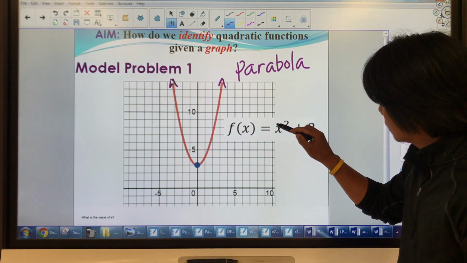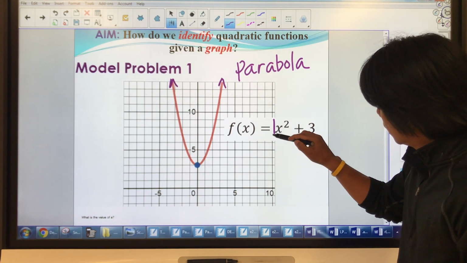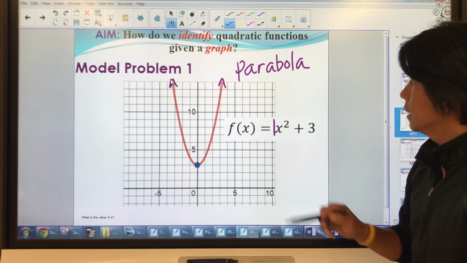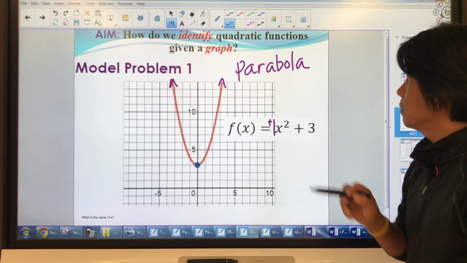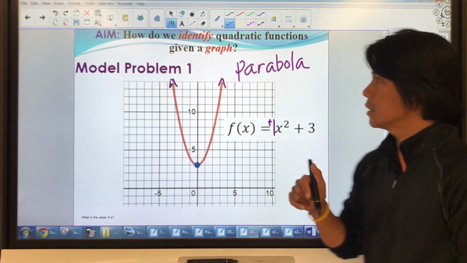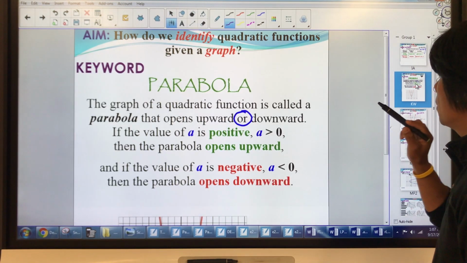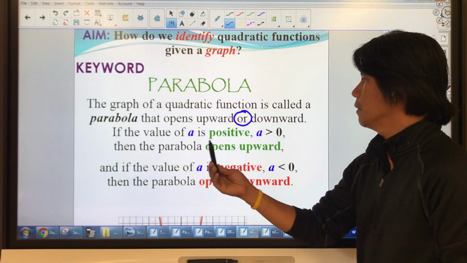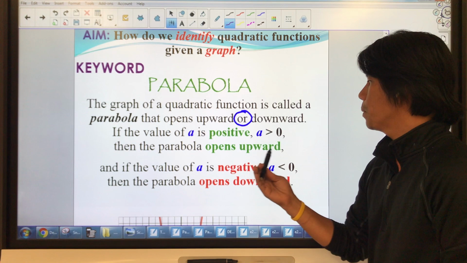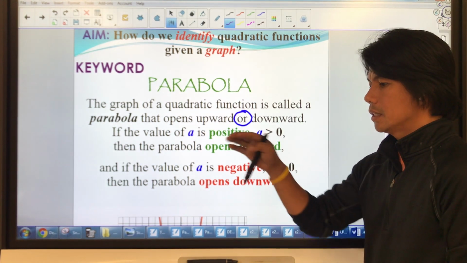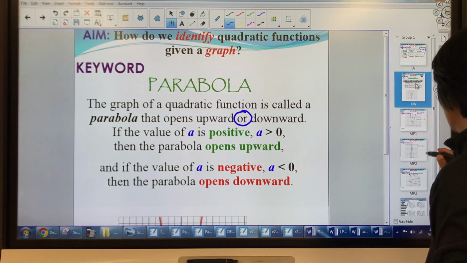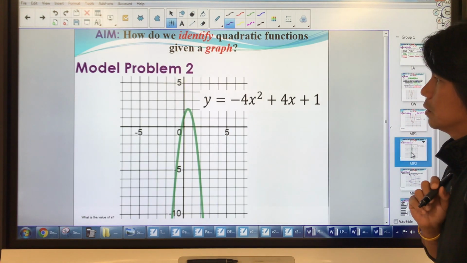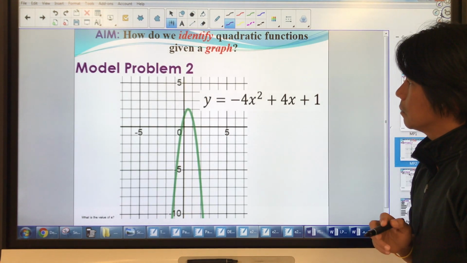In this case, this is x squared, it's 1. And what kind of 1? It's positive 1. So remember the definition of parabola. If a is positive, it opens upward. If a is negative, then it opens downward, which is a good segue to model problem number 2.